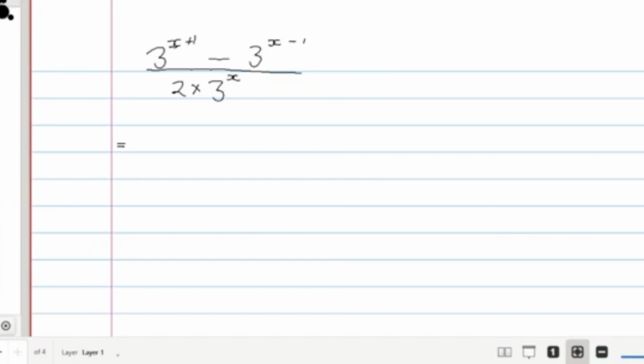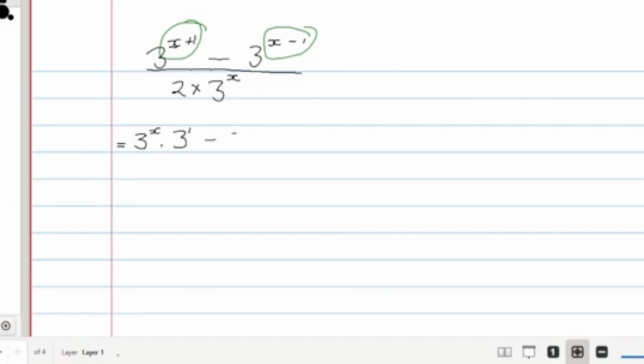From previous, we said that if we are multiplying exponents with the same base, you take one base and add the exponents. Let's try to rewrite what we just said. Now we are having 3 to the power x times 3 to the power 1.